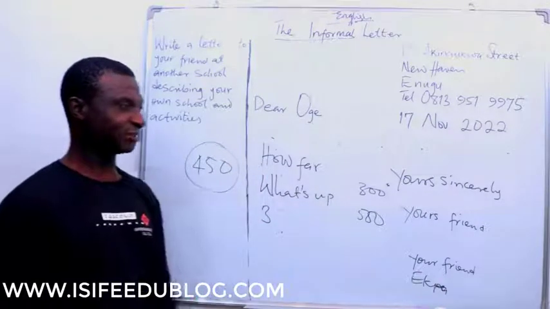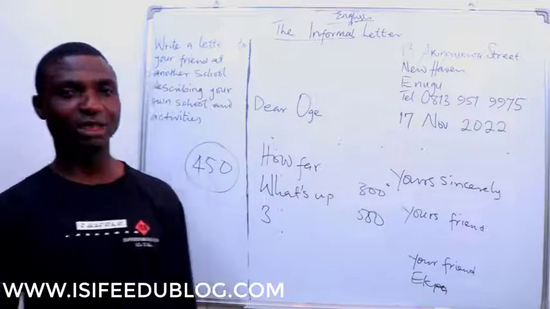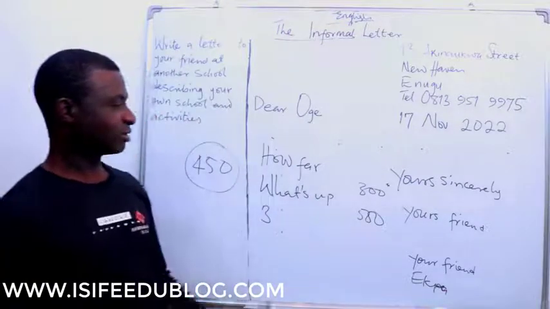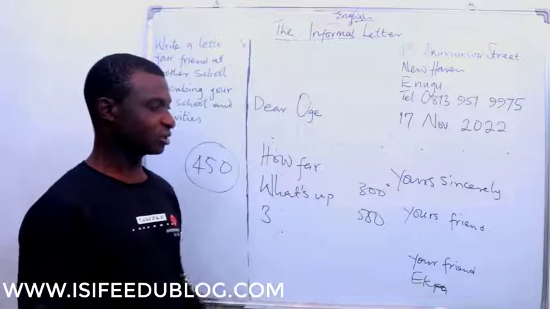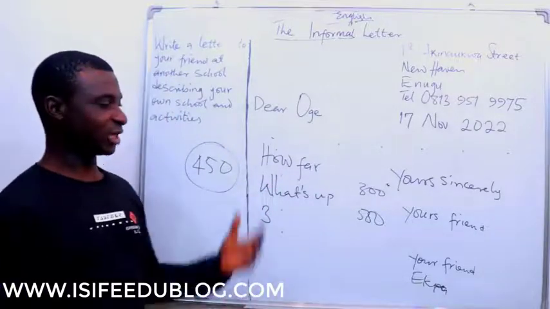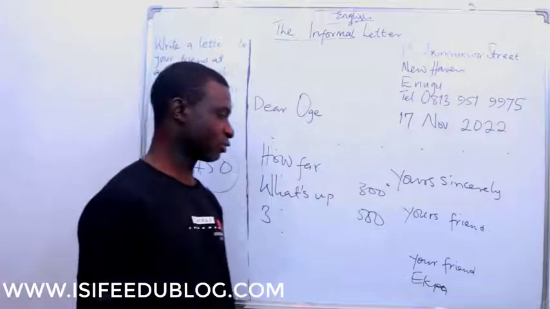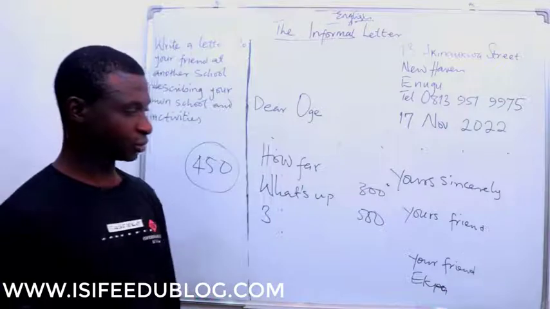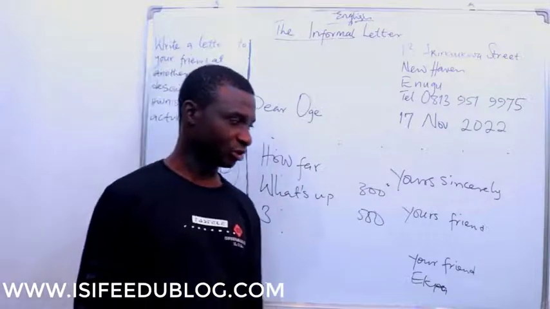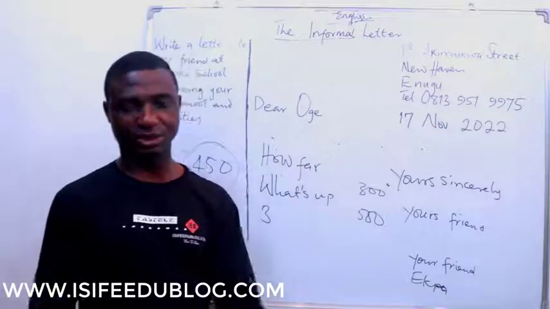Alright? Write the body of your letter well. Try from whatever you can achieve, from 200 to 300, keep practicing and you get to 450 words, which is WAEC's benchmark. And then you close with your friend, your sister.